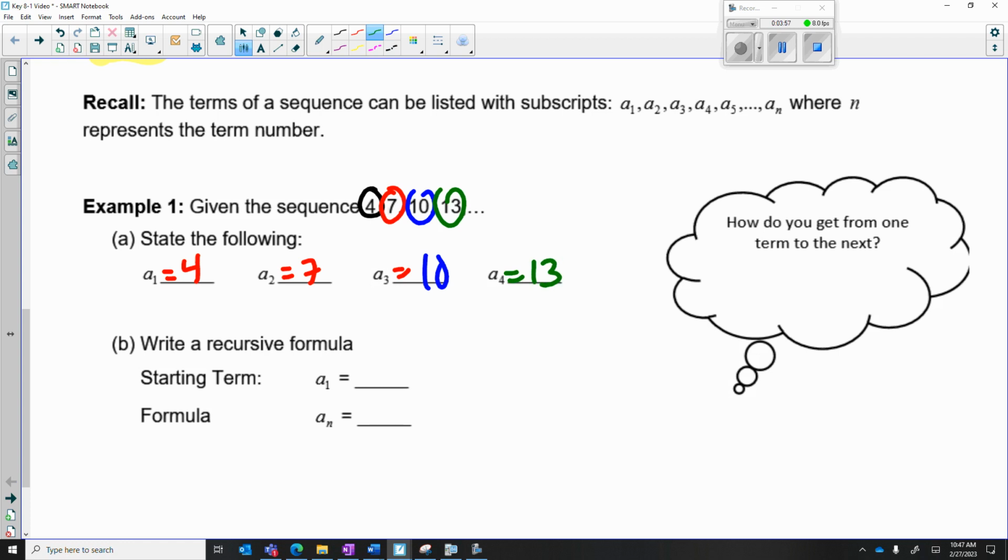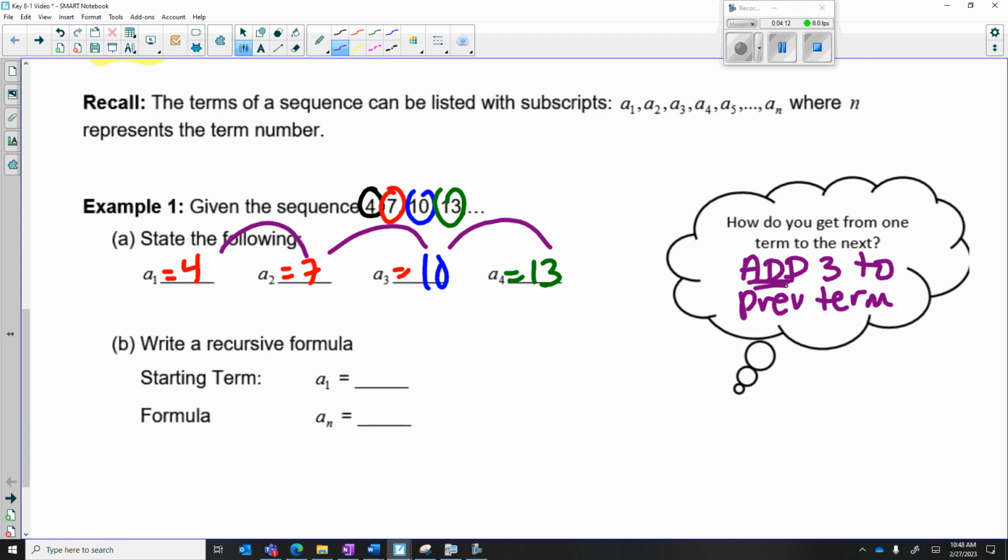How do we get from one term to the next? Ask yourself, what is the pattern you see to get from 4 to 7 to 10 to 13? I'm hoping you're saying add 3 to the previous term. And because we're adding, that means that this is an arithmetic sequence, because remember, arithmetic uses addition and subtraction.